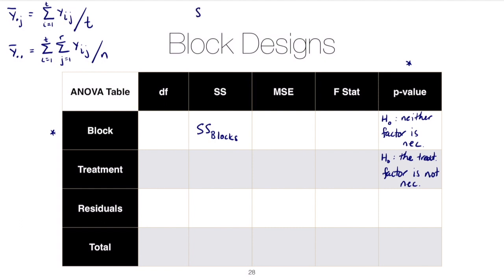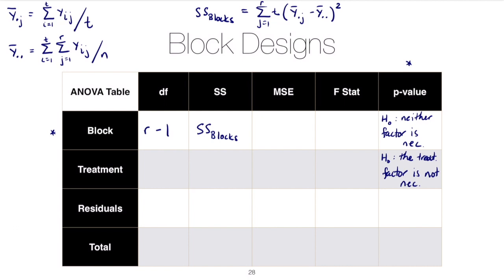And what that will be is the sum from j equals 1 up to r of t times the mean of the jth block across treatments minus the grand mean, squared. All right, and the degrees of freedom here should be r minus 1.